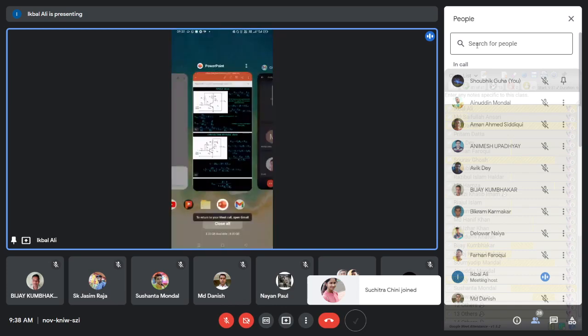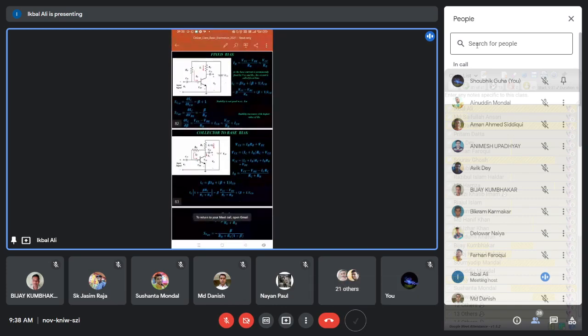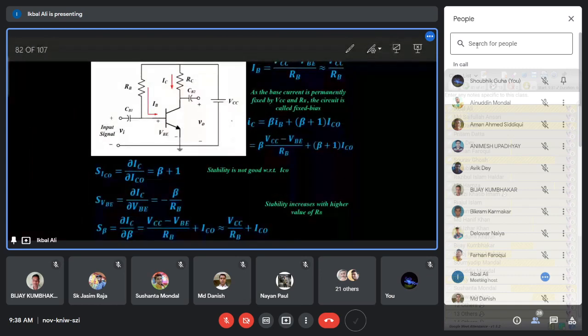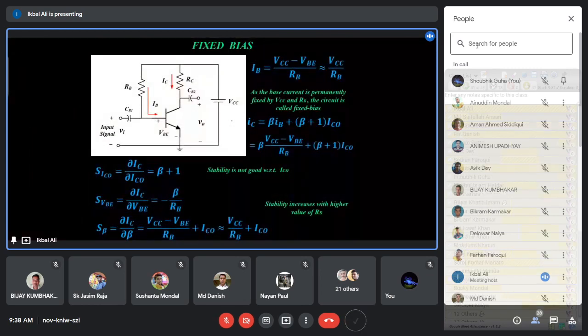Like all other three-terminal devices, you have to bias the device first, just like the transistor. Other three-terminal devices also you have to bias by a particular biasing circuit, and these are the types of biasing circuits you are learning with the help of the device transistor.